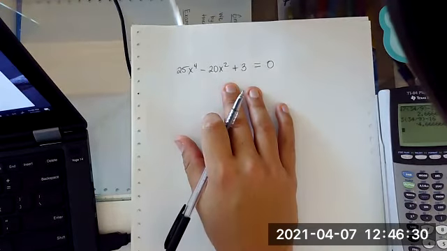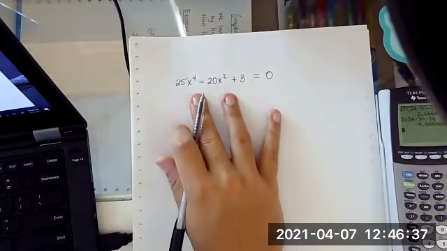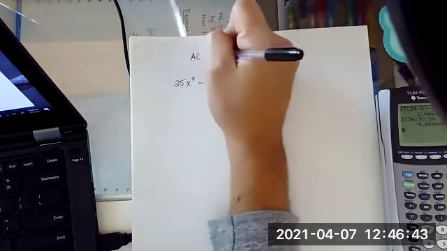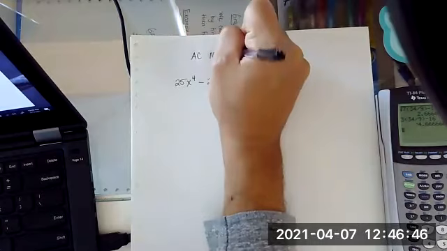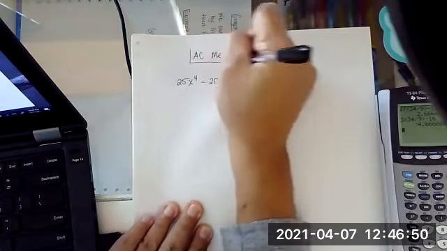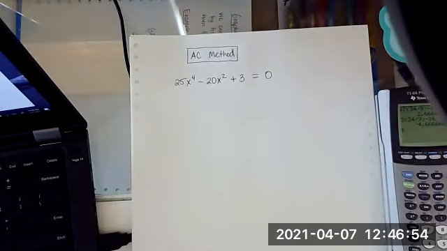Okay. Now, what I would say is for these, I could show you the U substitution right now. But I think it's easier for us to just jump into the AC method to solve this. So when you see something like this, the question help is not going to help you because I did not show you guys the U substitution. I feel like for our level, for our purposes, you don't need to know the U substitution.